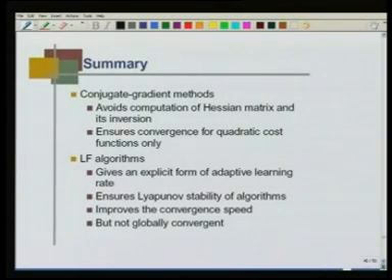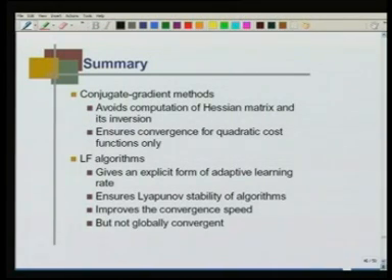Newton method requires inversion of the Hessian matrix, is computationally intensive, and does not ensure global convergence because of quadratic approximation; convergence depends on the initial condition. Conjugate gradient method avoids computation of the Hessian matrix and its inversion, and ensures convergence for quadratic cost functions only. Lyapunov function algorithm gives an explicit form of adaptive learning rate, ensures Lyapunov stability of the algorithms, and improves the convergence speed, but is not globally convergent.